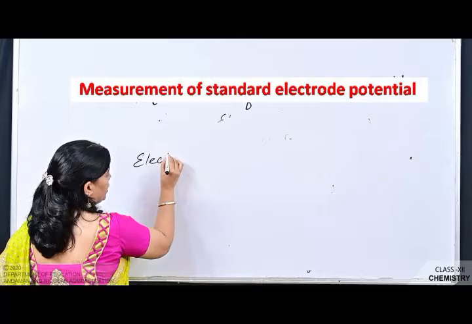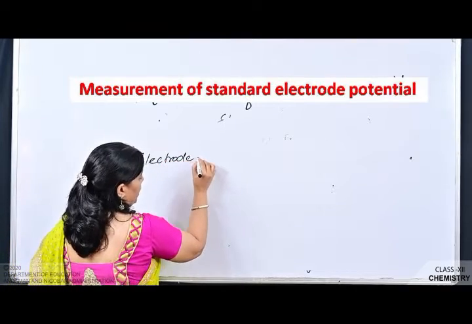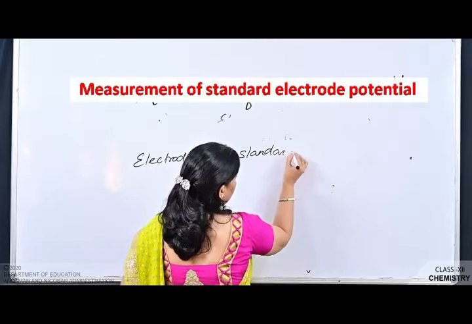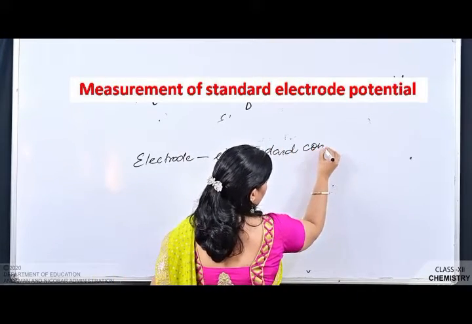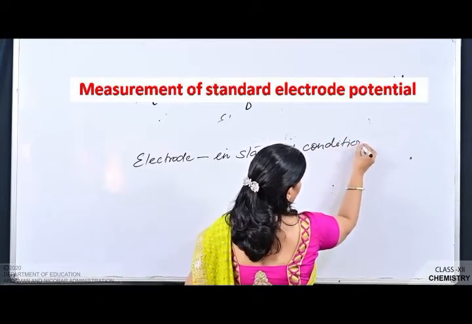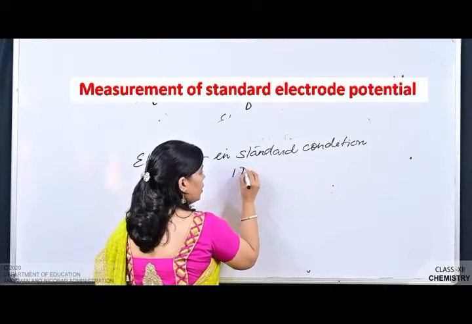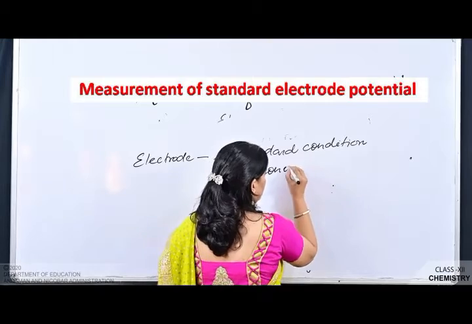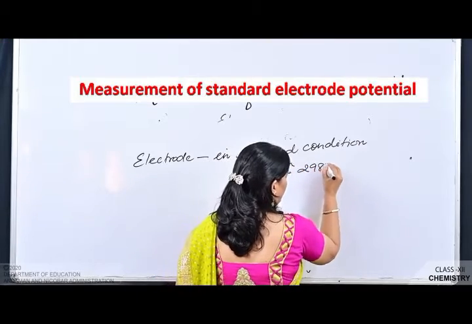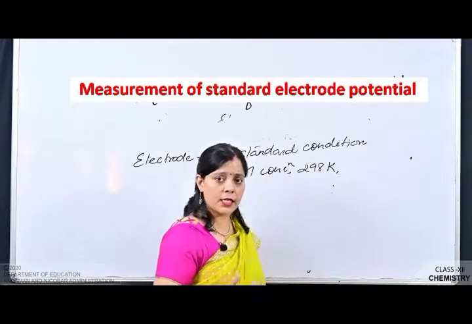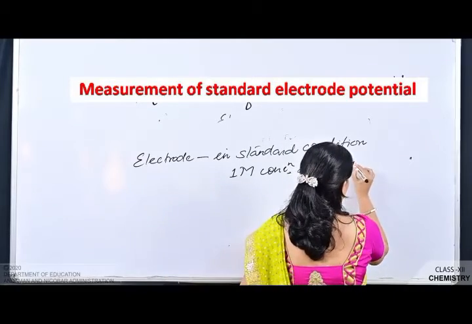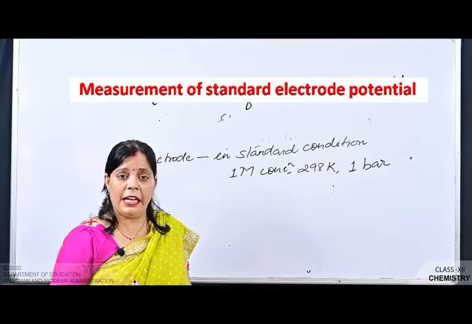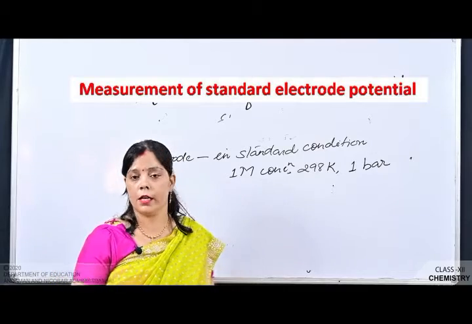The standard condition is that the concentration of ions must be 1 molar, the temperature is 298 Kelvin, and when it is a gaseous electrode, the pressure is 1 bar. This is the standard condition for any type of electrode.